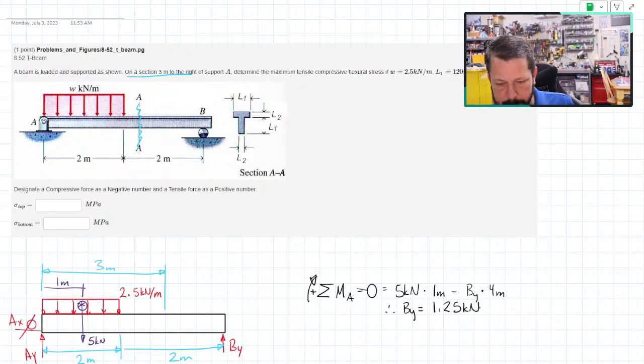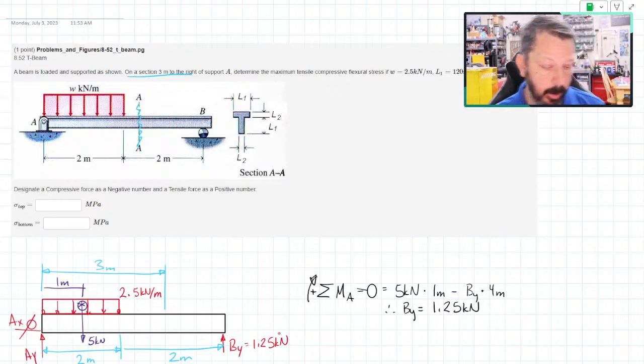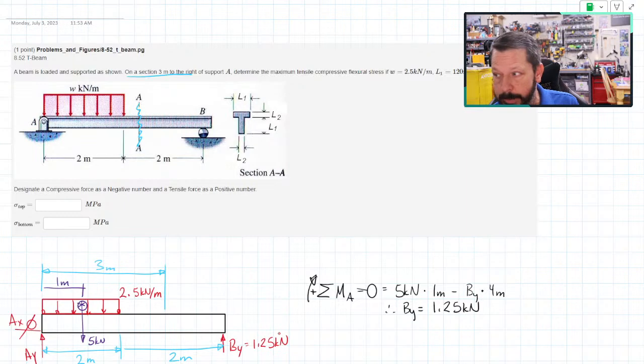So 5 times 1 divided by 4, the negative sign moves to the other side, becomes positive, so 1.25 kilonewtons. And then I look at this, and that seems reasonable. All of the weight is on the left-hand side of the beam, so the left-hand reaction should be doing more than the right-hand side, so that looks reasonable.